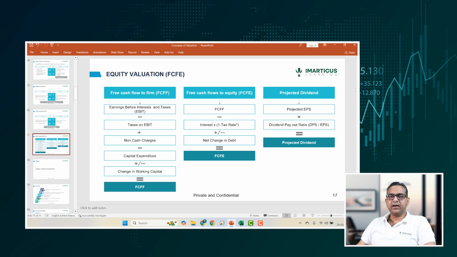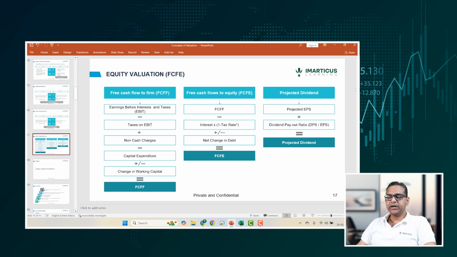So our net effective cash outflow slightly reduces because of that tax benefit. Hence we do 1 minus tax rate for the interest part, plus minus net change in debt. So then we get free cash flows to equity. And if we are using FCFE, then our denominator for discounting should be cost of equity.